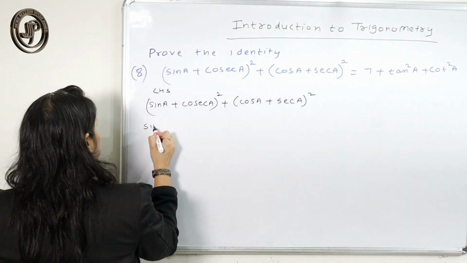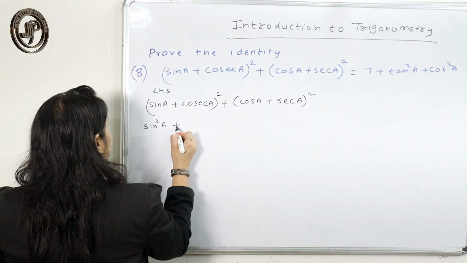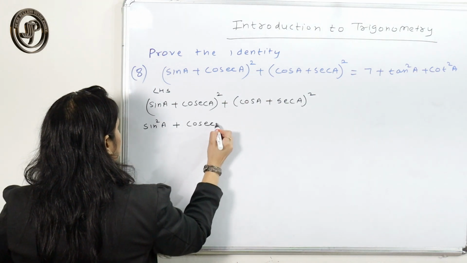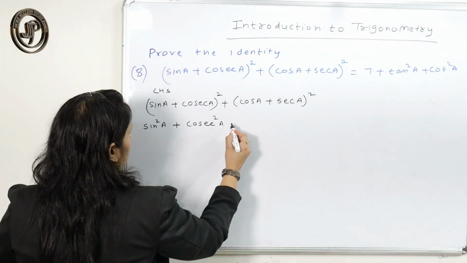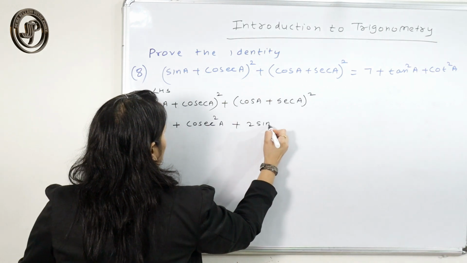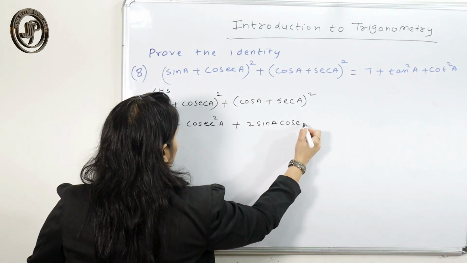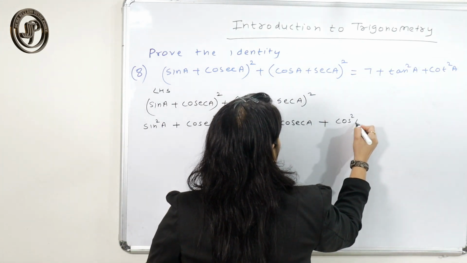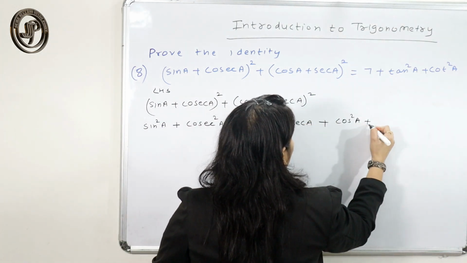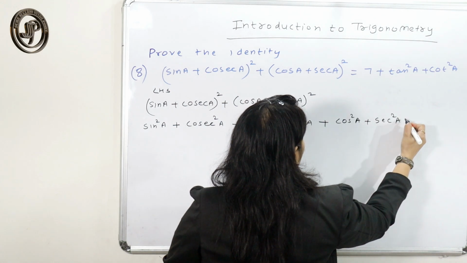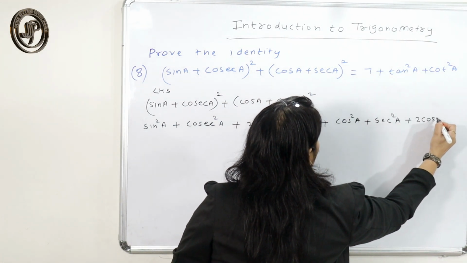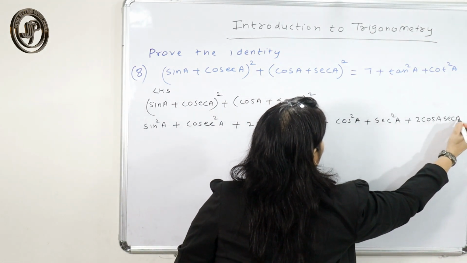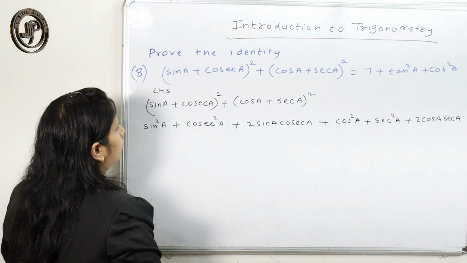Then what you get: sin square A plus cosec square A plus 2 sin A cosec A, plus cos square A plus sec square A plus 2 cos A sec A.